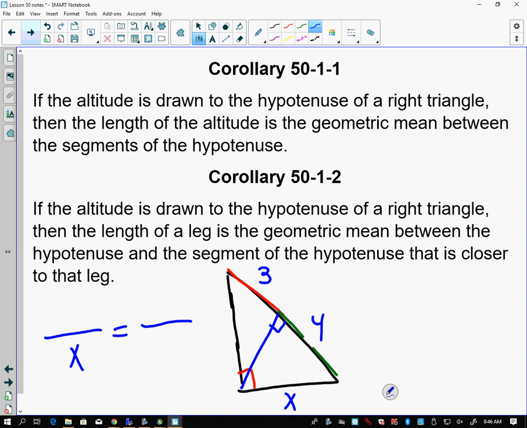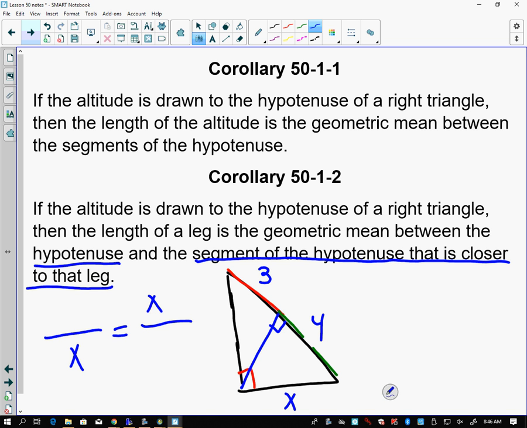So x would go here and here, right? It's the geometric mean between the hypotenuse and the segment of the hypotenuse closer to that leg. Whenever it says the hypotenuse, it means the whole hypotenuse, right? What's the whole hypotenuse?